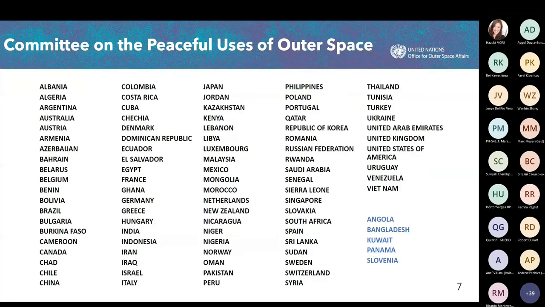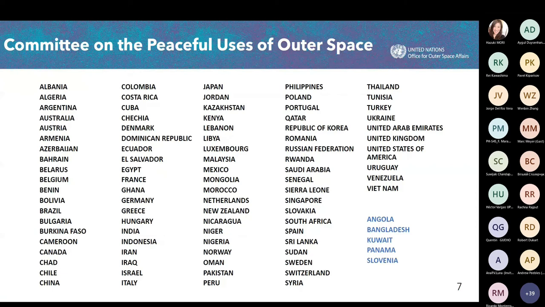Here you see all the states that belong to COPUOS. You see that states come from all geographic regions of the world. You see states with emerging space capabilities, as well as the well-established spacefaring nations. You also see states with very different geopolitical realities.